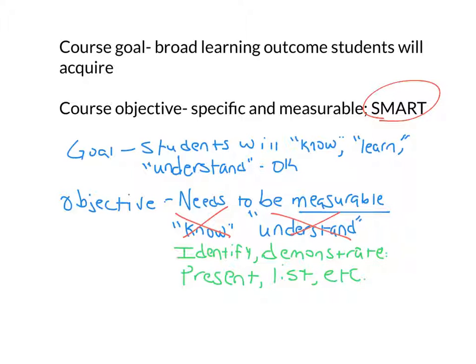So instead we want to use measurable words that we can tie to content and to particular assessments in class. So: identify, demonstrate, present, list. There are hundreds you could use. We had a guide in the material from week 3 that showed some examples of verbs that could be used.